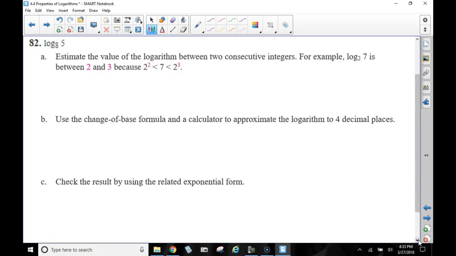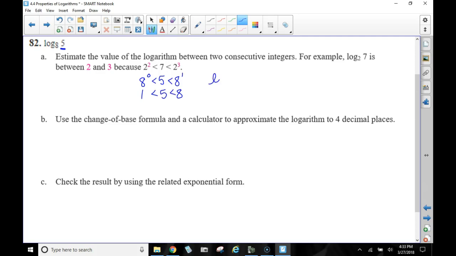Well, let's see. Since this is a 5, it's going to be between, for example, 8 to the 0 and 8 to the first. That's where 5 lives. 5 lives between 1 and 8.